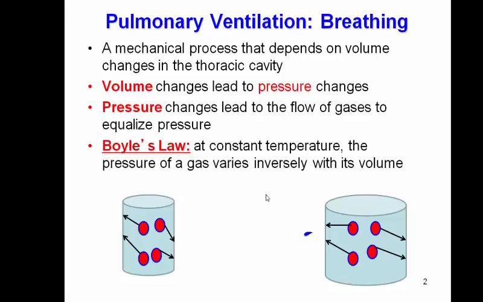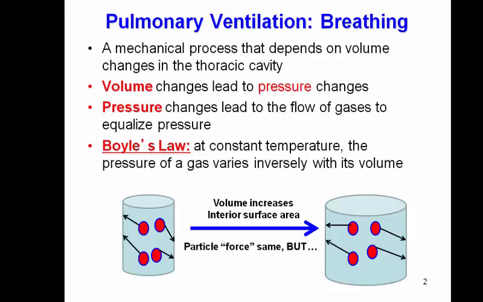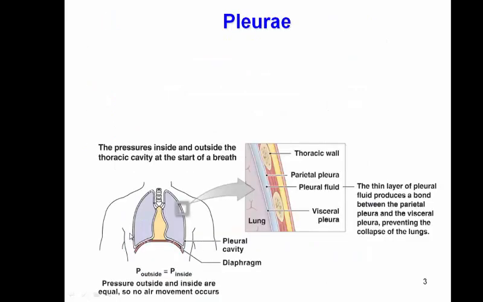In expanding the size of the container, we're increasing the interior surface area. And so even though each particle would still hit the interior wall with the same force, that force is spread out over that larger area, leading to a decreased pressure exerted by the same four molecules that we have on the right as we did here on the left.